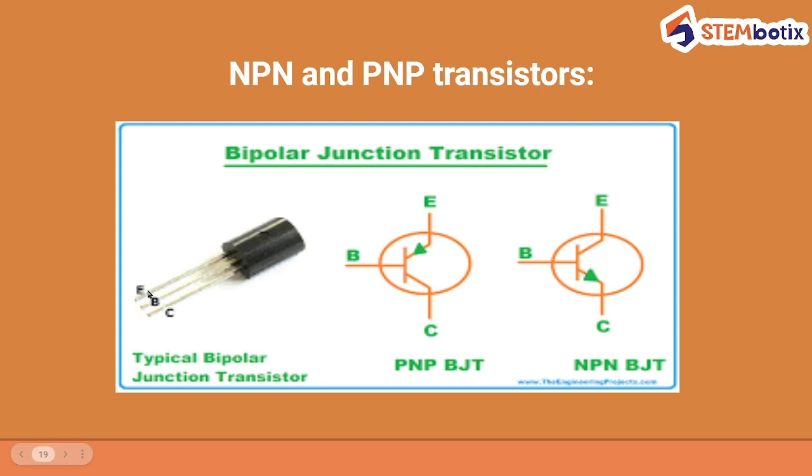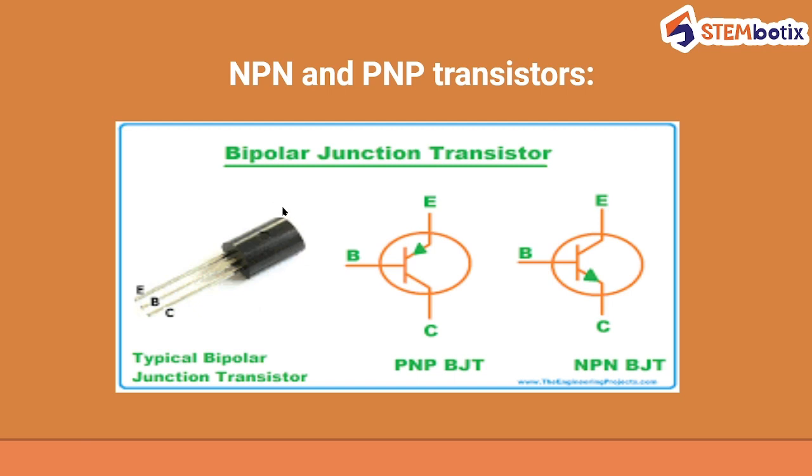The base pin is always the center pin, in either a PNP or NPN transistor. The base pin is the one in the middle. So the middle pin in NPN or PNP is known as the base pin, and to the left it is the emitter, and to the right it is the collector pin.